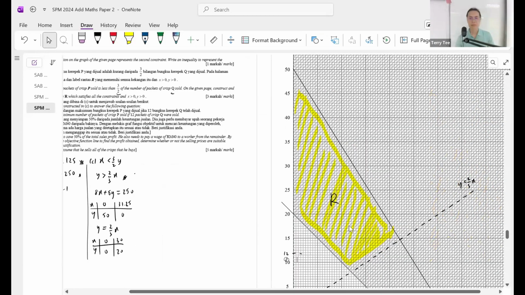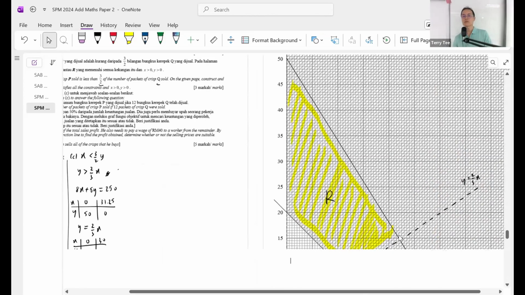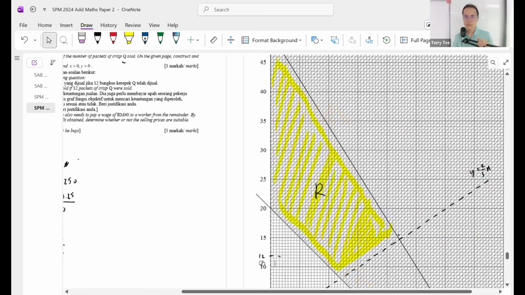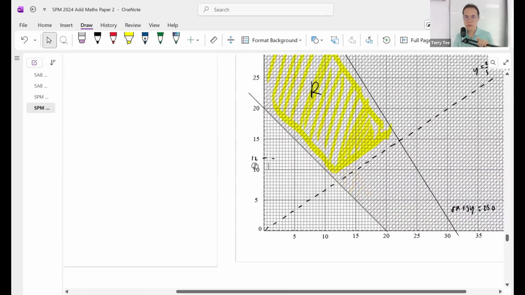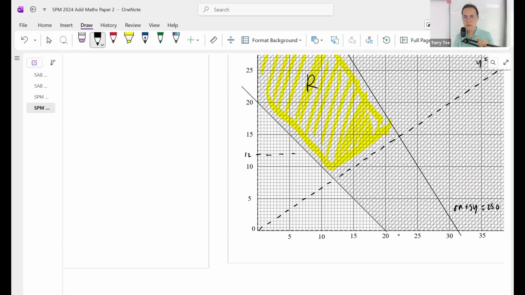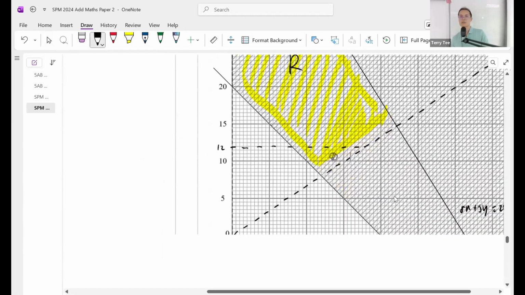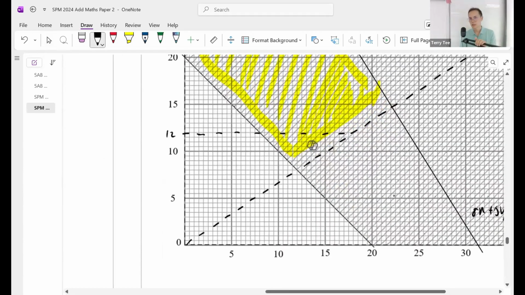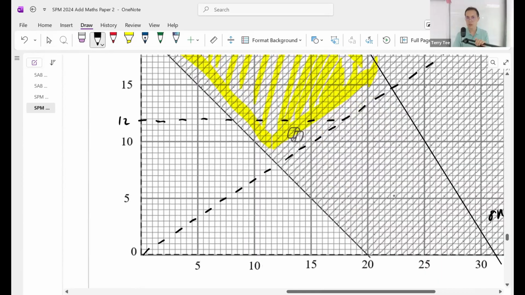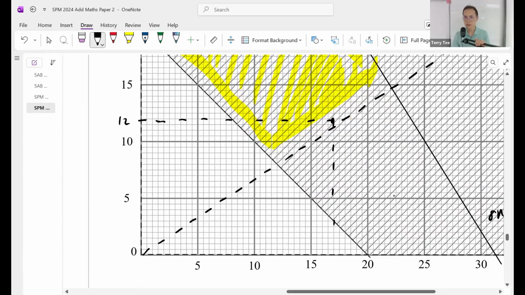Okay, so this is 12. Just move it across. By the way, you cannot use this point here because this point is not on the line. I mean, it's non-inclusive. So we take this coordinate. We cannot take 18. It's 17. So from my graph, I can see it's 17.